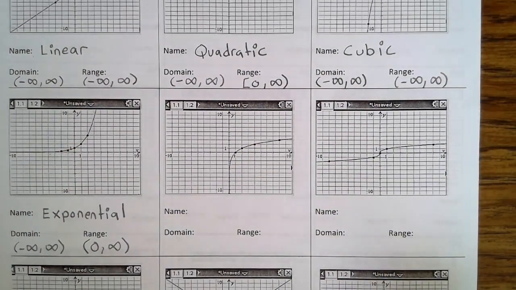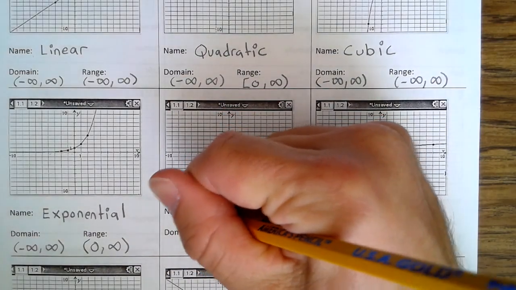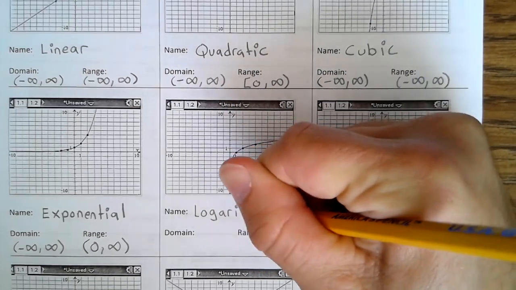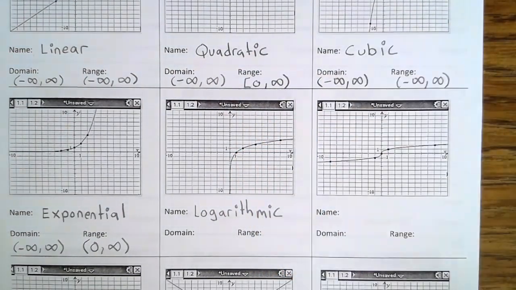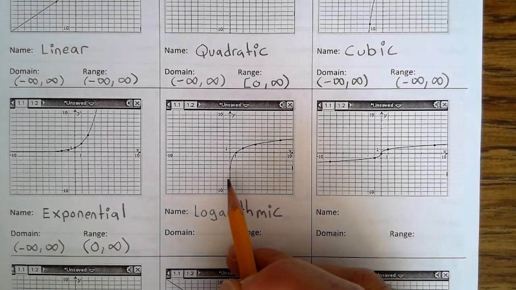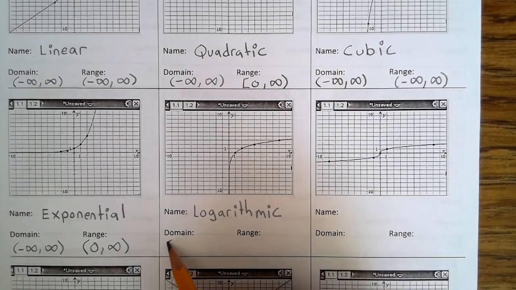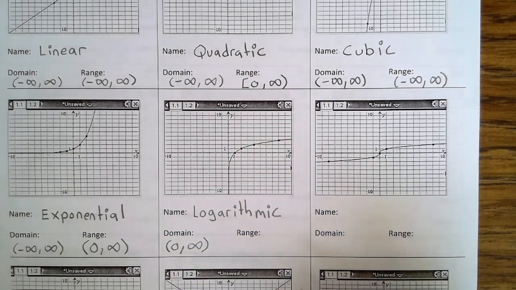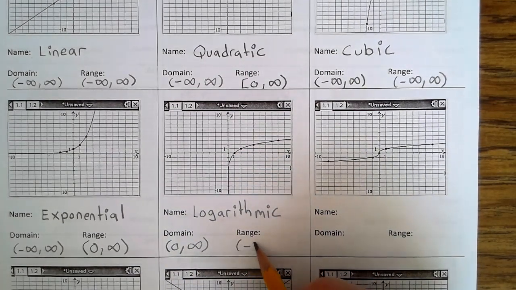All right, and then the next one is logarithmic. And here, remember, domain is from left to right. So it looks like it touches 0, but it doesn't. So it goes from 0 left to right, 0 to infinity. And then the range is from negative infinity to positive infinity.